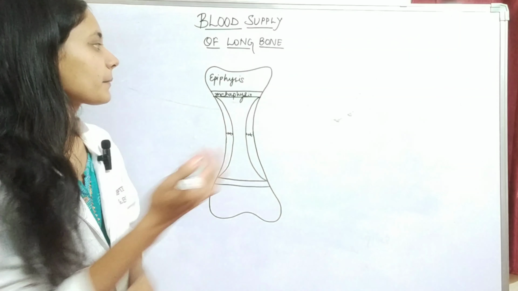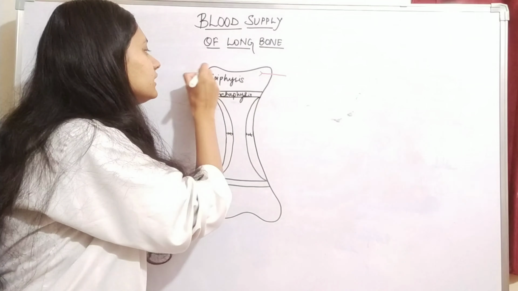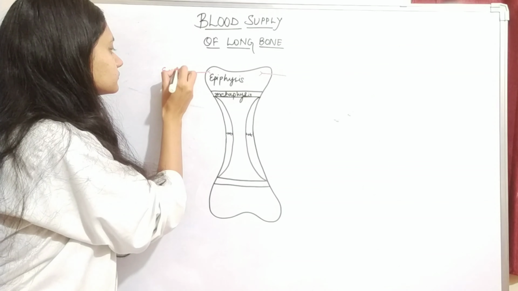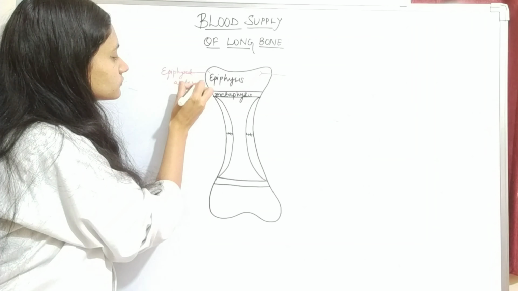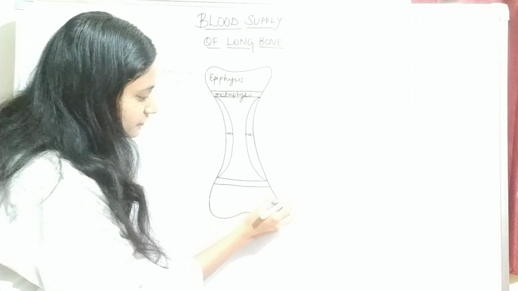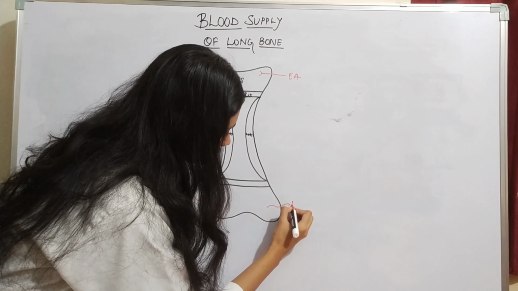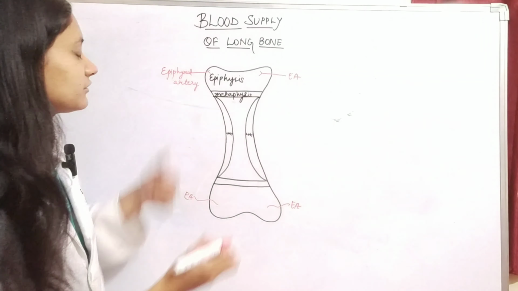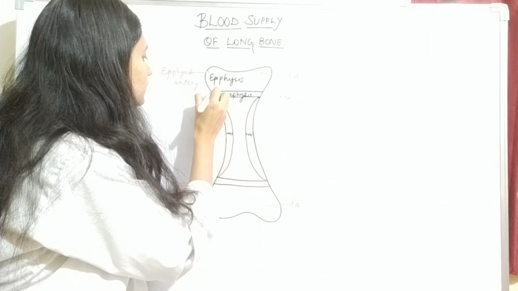So in blood supply, here we have supply of epiphyseal artery on both sides. Here also we will have supply of epiphyseal artery, and in the metaphysis we will have supply of metaphyseal artery on both sides.